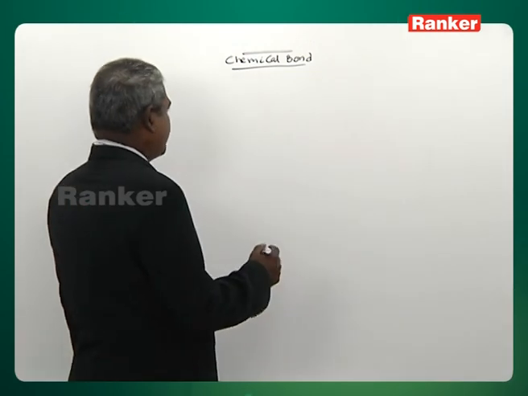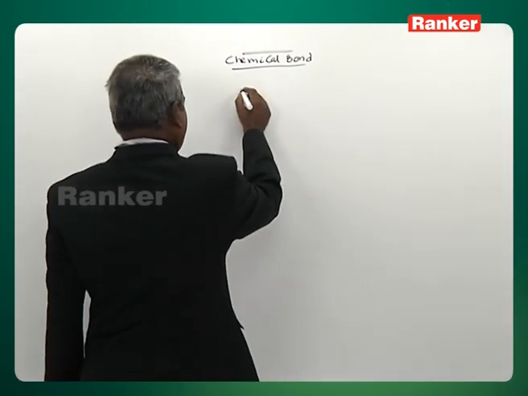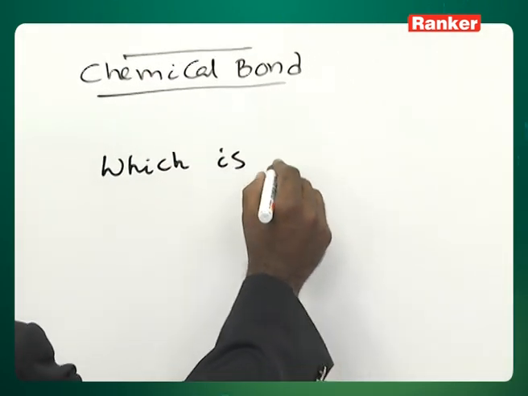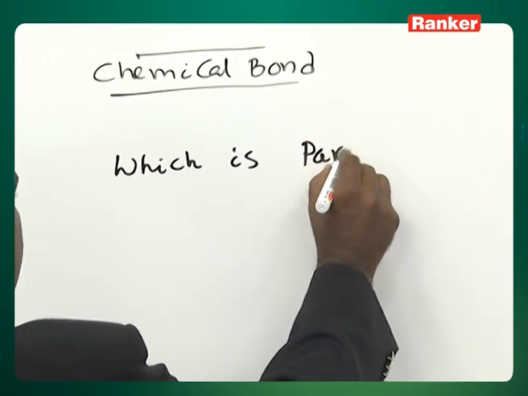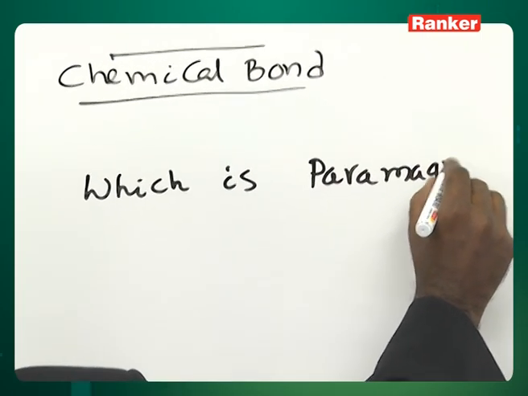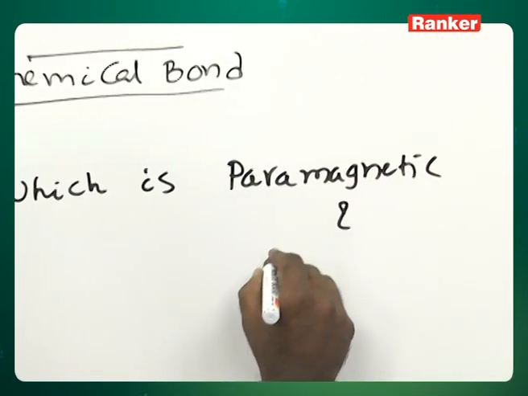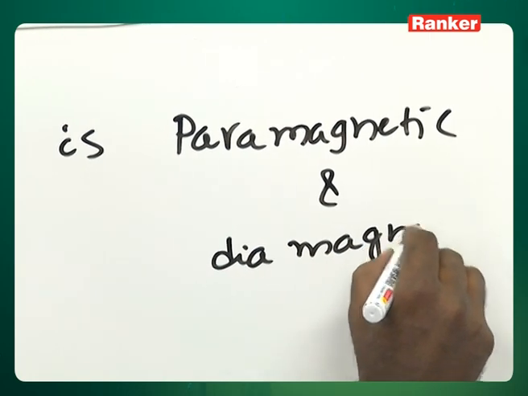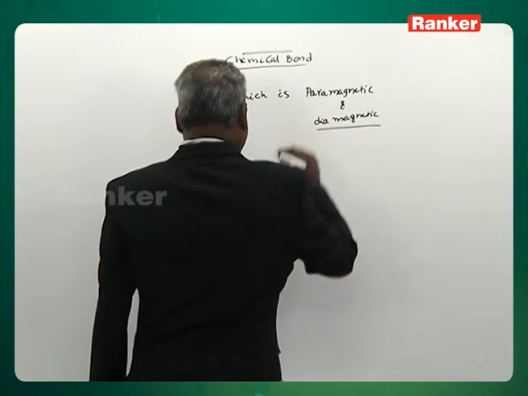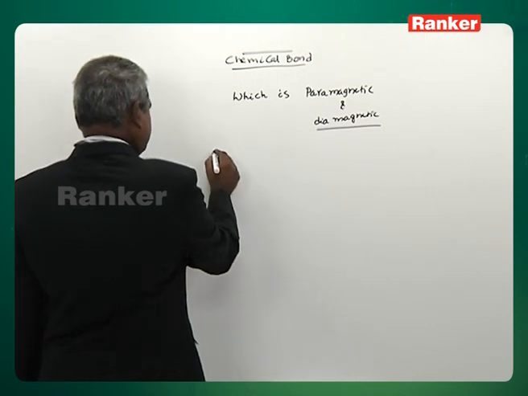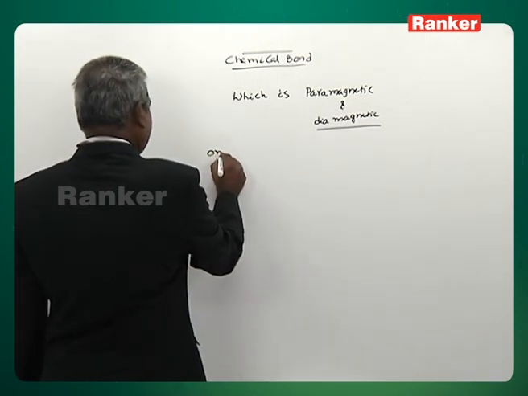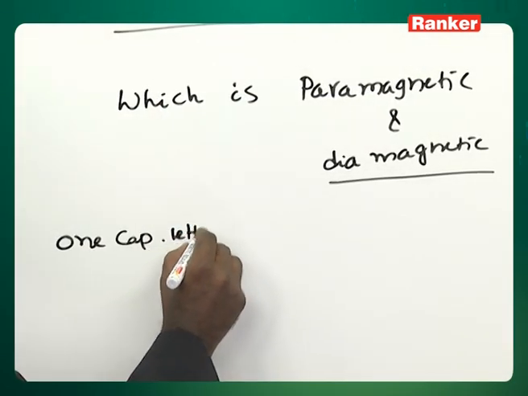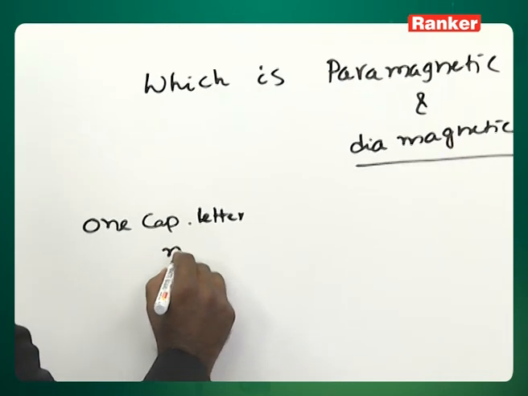Now, without actually writing the molecular orbital configuration, let us see which is paramagnetic and which is diamagnetic. There is a simple principle in which you have only one capital letter and no number.